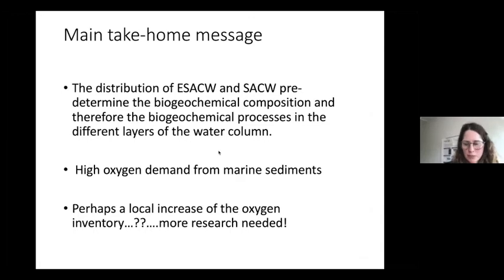Also, we see that the oxygen demand from the sediments is pretty high. And some preliminary and interesting results suggest that perhaps the local oxygen inventory is increasing because of physical mechanisms or biological mechanisms. This is something that we're still figuring out.